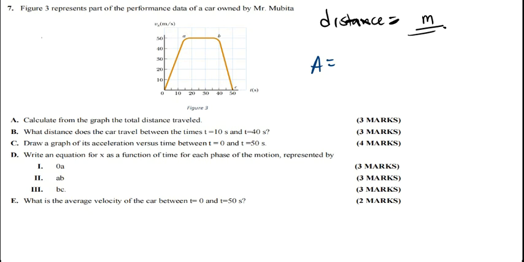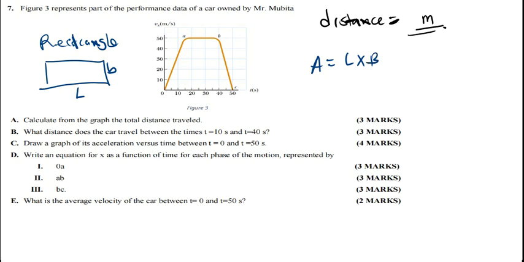If I have got my rectangle, I'm going to assume that this is L, this is B. So it is L times B. But here now, we are assuming that L is in meters per second.